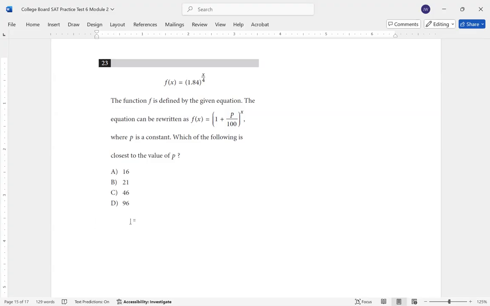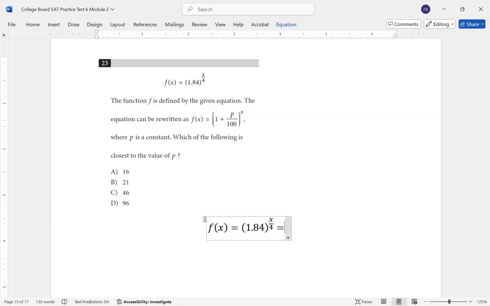Now, what we're going to do is start by trying to rewrite my f of x. I'm going to write it as 1.84 raised to the x over 4. I'm going to start with the actual expression given.